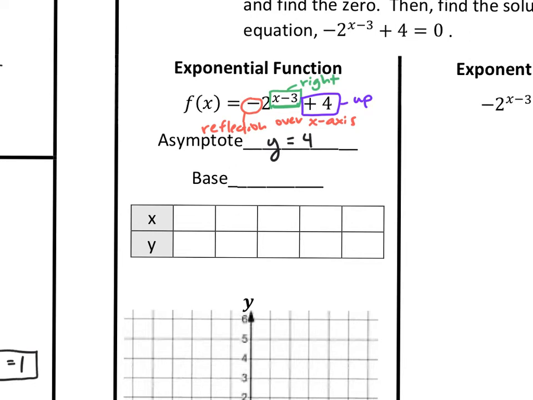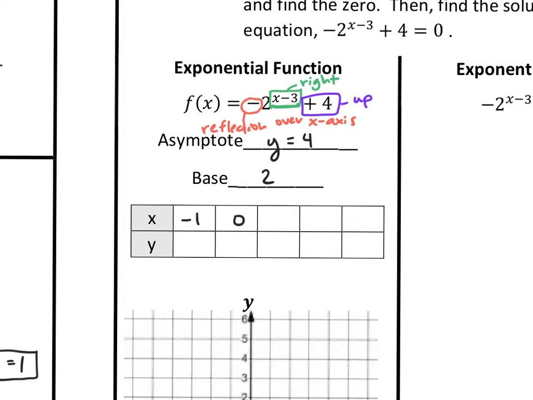What's the base of this function? It's 2 right here. So the base is 2. Right. And now that we know the base of the function, if you guys remember from transformations of functions, we talked about the parent function. And so, let me put a blank table with 5 values of x.